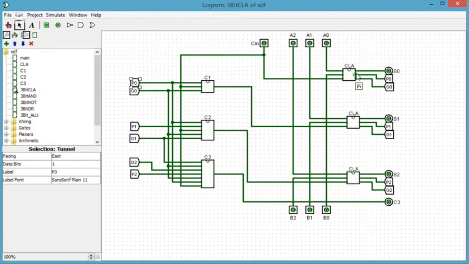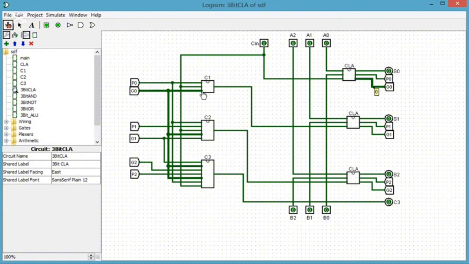So for example, this P on the first, this P1 and P0 for the first carry look ahead, it goes to the terminal right here. This terminal comes out and it goes into C1 and it is fed into C2 and it is fed into C3, and the same is true for G0.